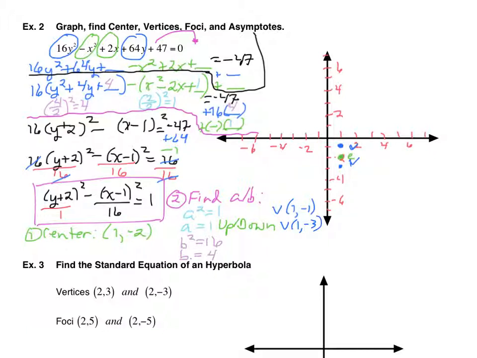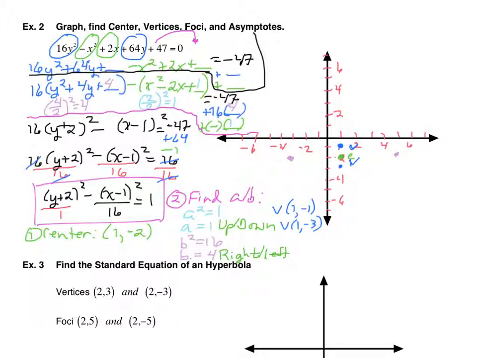So is that up, down, right, or left? Because it's underneath our X, so right, left. So we're going to plot our B 4 to the right and 4 to the left. So it's kind of nice to put in your transverse and your conjugate axes.